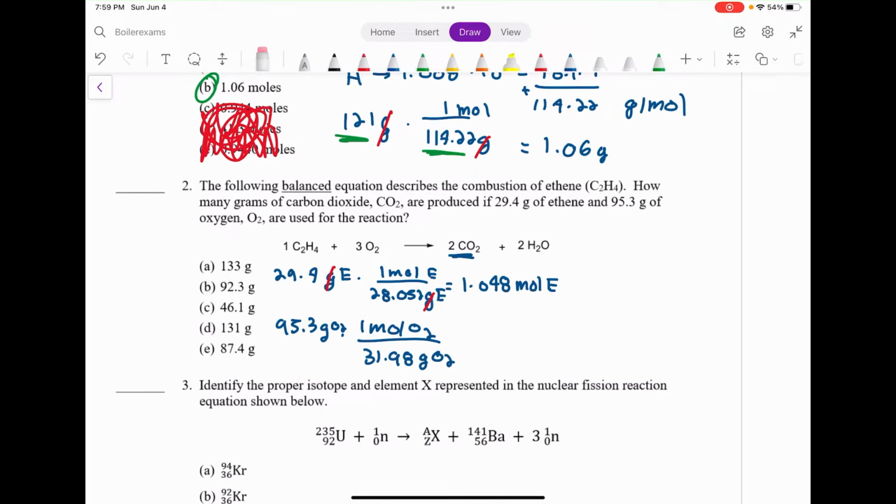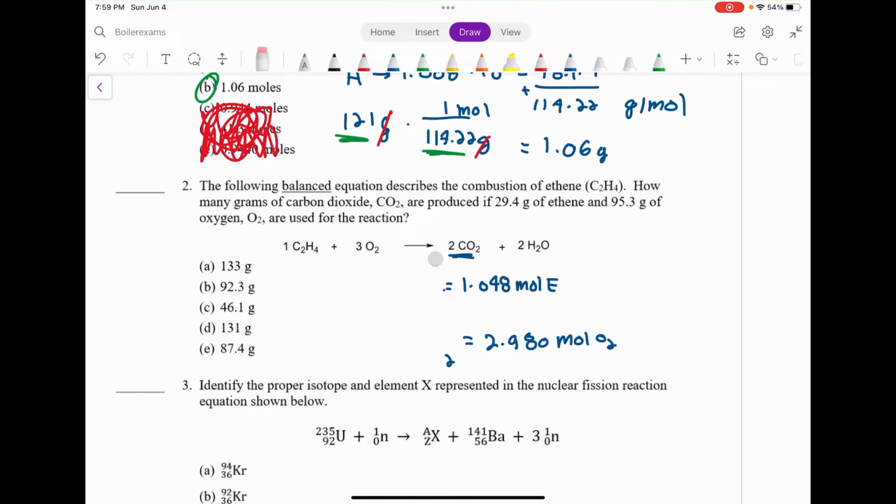Reacting, we have just under 3. I'm going to round that up. Moles of O2. So these are how much moles we have reacting.